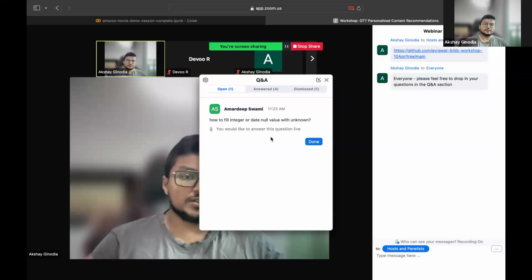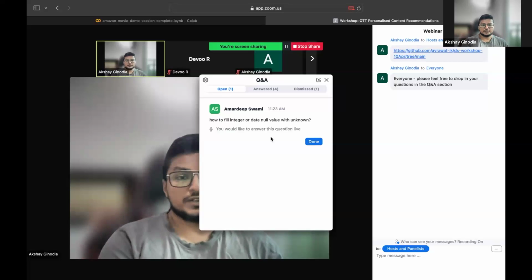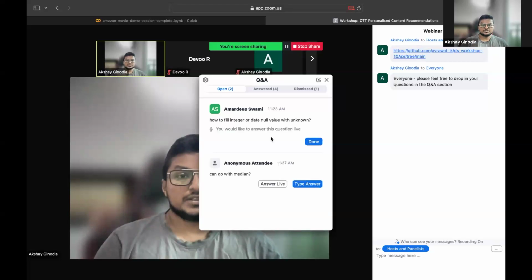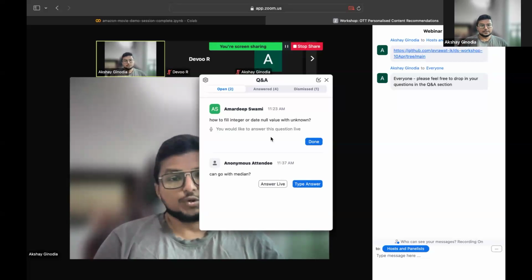But that's actually not the average salary of any person. So median, exactly. Median is a good way to do the replacement. But the problem is that sometimes the missing values will be too much. Then median will skew your entire distribution. But median is a good default.